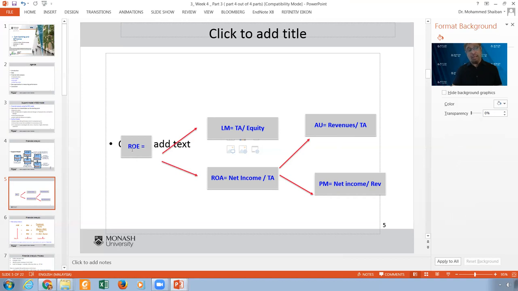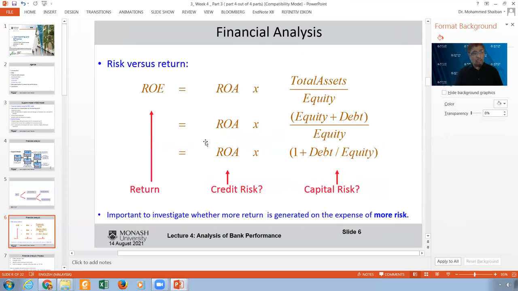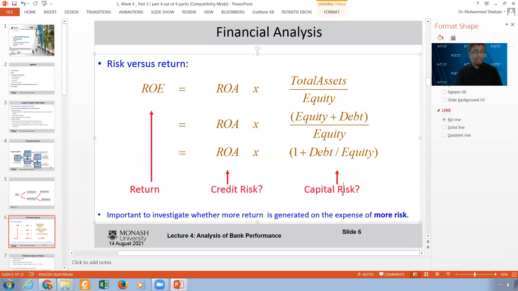Maybe everything is just fine, but I have to ask the questions to understand why, especially when there is a certain hike or jump in the asset. So as you can see, the ROE reflects the return, which is actually a function of the credit risk and capital risk, and also operational risk. If you look at it mathematically, you can say the total assets over the equity.